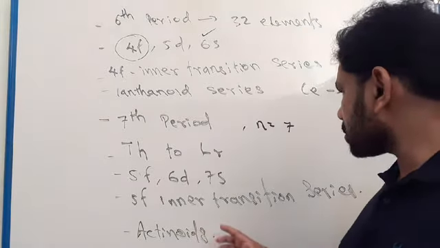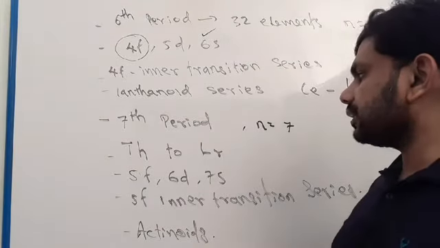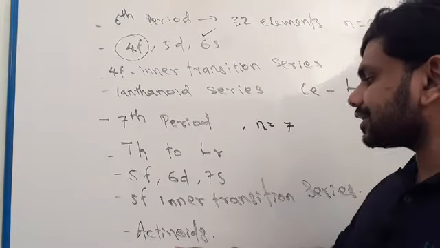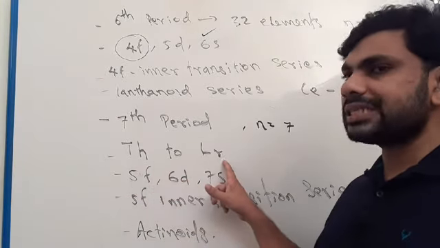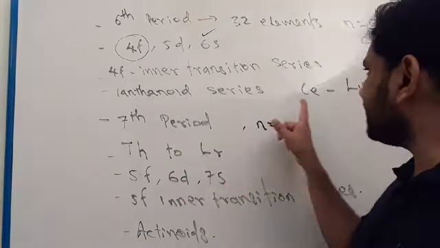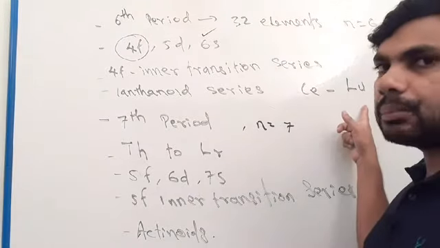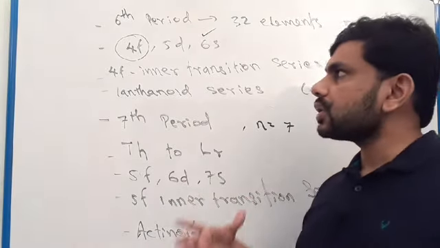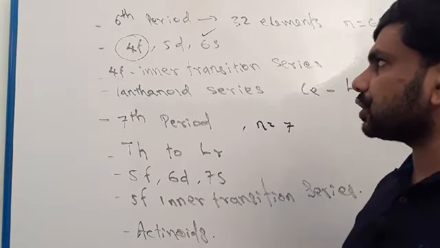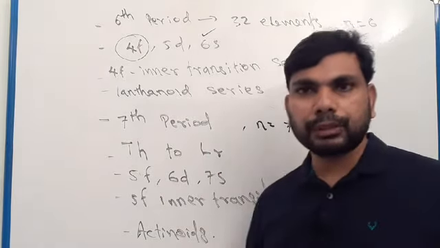These elements are also called actinoids. Actinoids start from thorium to lawrencium. The first one is cerium to lutetium, and here thorium to lawrencium. So remember these things related to the 6th period and 7th period.